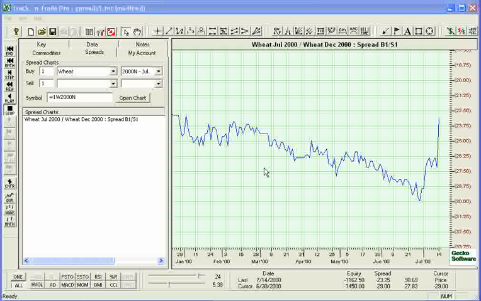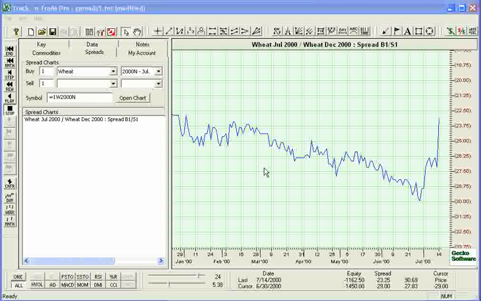So basically when you put on a spread, you're betting that the long contract increases in value more than the short contract. The thing I initially had a hard time understanding about spreads, Scott, is that you're not really concerned about the price of the underlying contract.